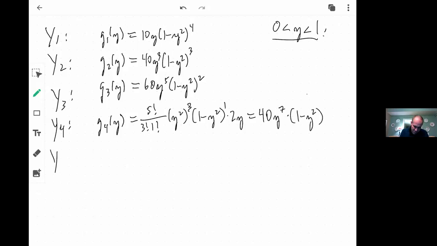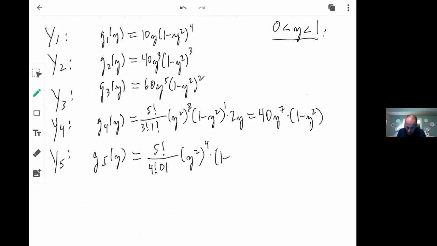Okay, and then the 5th order statistic is going to be g5 of y is equal to 5 factorial over what? Over 4 factorial times 0 factorial times y squared to the r minus 1, which is 4, times 1 minus y squared to the n minus r, which is 0, times the density.